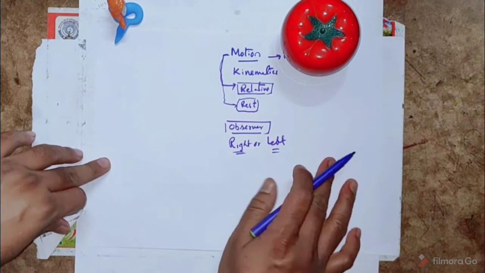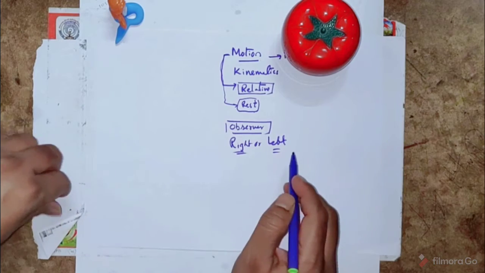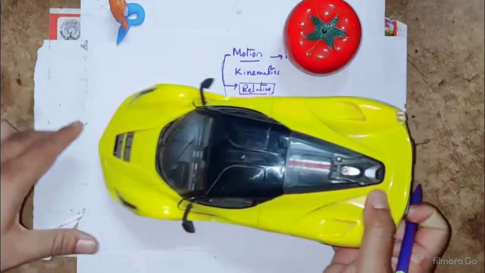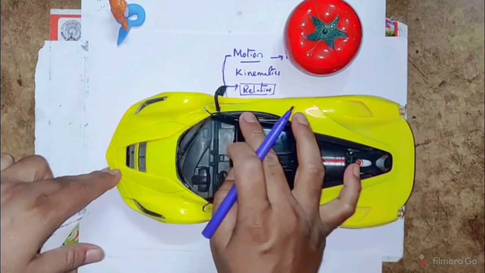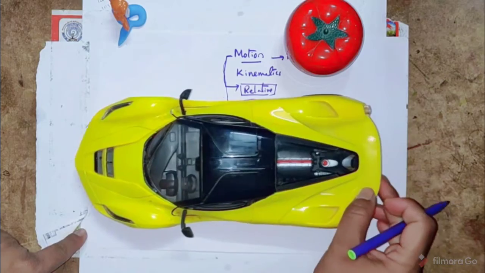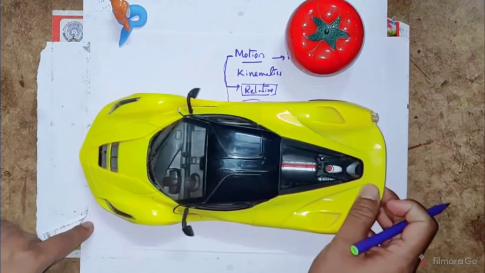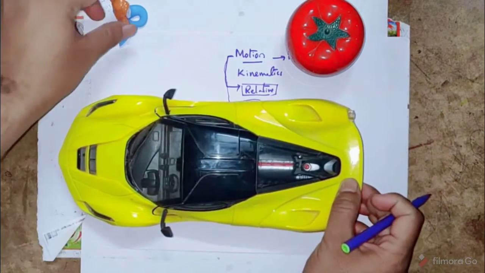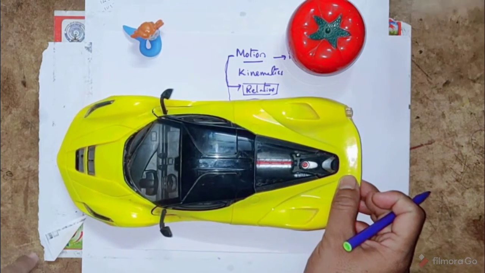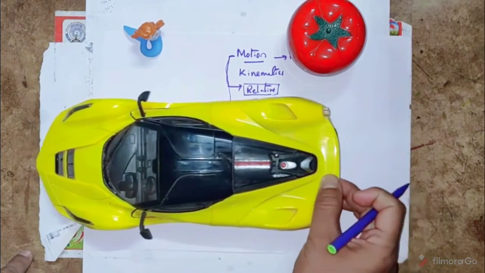Similarly, in this car a driver is there and some passenger is also there. When the car is moving, the girl standing on the roadside thinks that the car is moving.